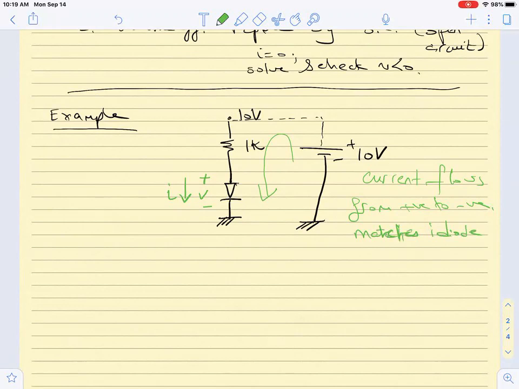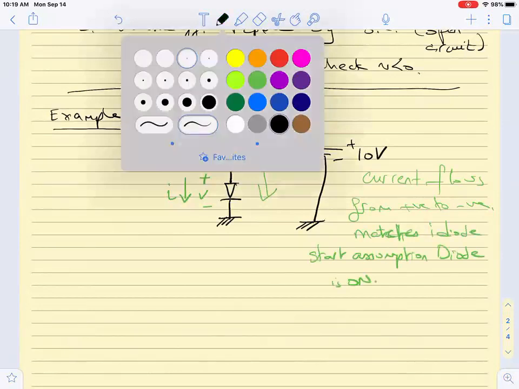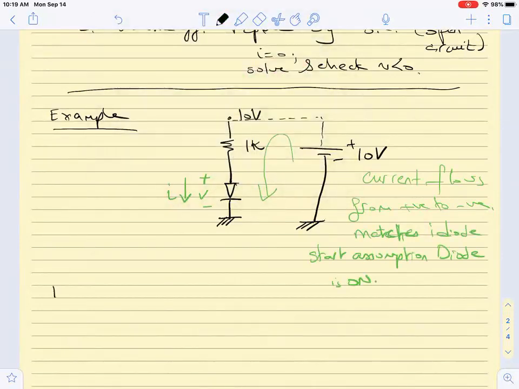So we will start with the assumption that the diode is on. Perfect. So assume that the diode is on.